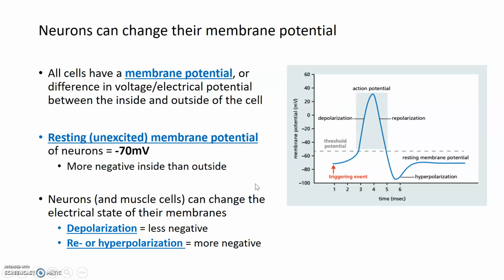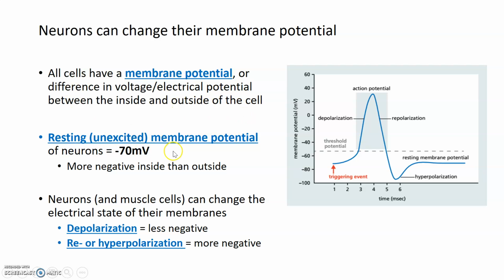What that really means is that there's a difference in the voltage, or the electrical potential, between the inside of the cell and the outside of the cell. There's a difference in voltage from inside to outside. And most cells can't really do anything about this, whereas neurons and muscle cells can. They can change their membrane potential. And these changes to membrane potential are what lead to the action potentials that we're familiar with in neurons.